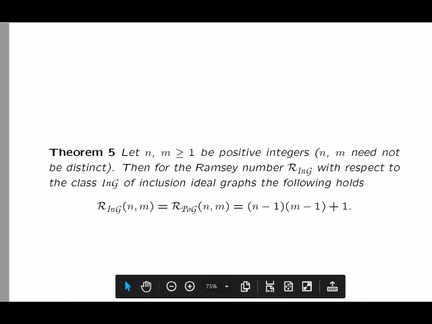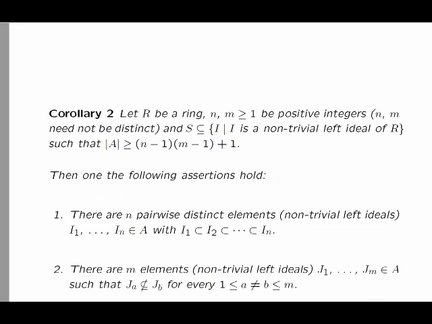So what is the question? Let R be a ring and n and m bigger than 1. And you take S to be the set of I, where, because my ring is commutative, I is an ideal of R. And assume that the set S, not A, that's a mistake here, this A should be S, is bigger or equal to this number.